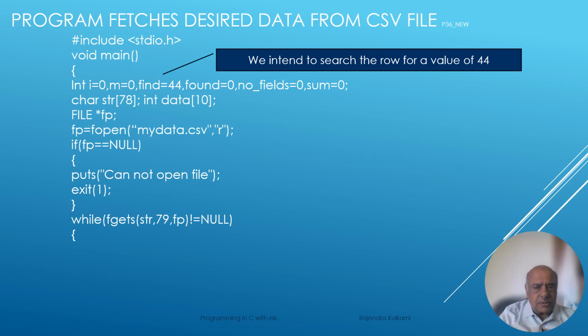Then we go for another function dealing with file reading, fgets here. This fgets is a function which reads the file line by line and stores the line into the string str which we have declared earlier. This 79 stands for the number of characters we are expecting in that string, or the number of characters that a line in the file may have.